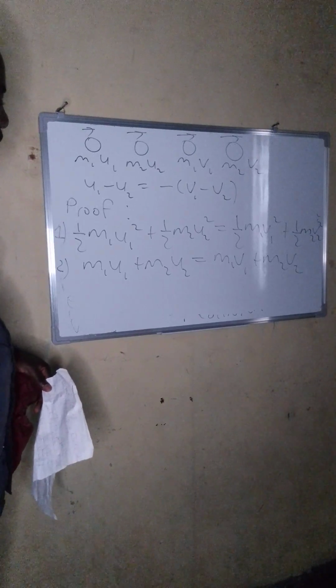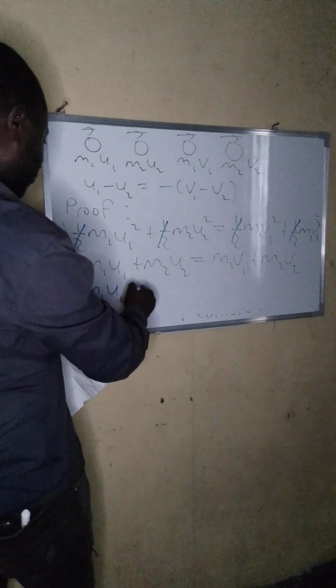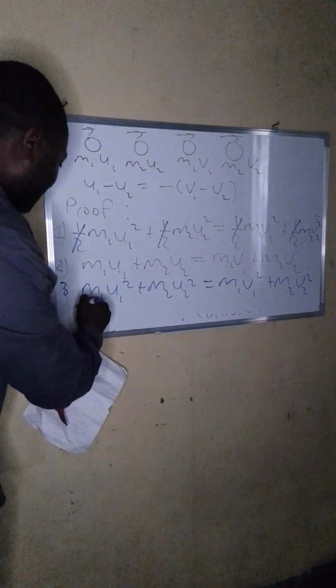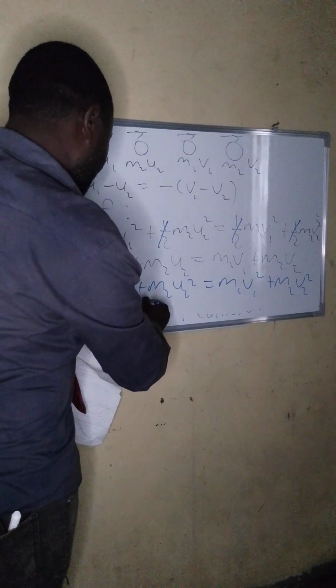So how do you go about it? I'm saying the halves cancel, and we have m1 u1 squared plus m2 u2 squared is equal to m1 v1 squared plus m2 v2 squared. Rearranging, m1 u1 squared minus m1 v1 squared is equal to m2 v2 squared minus m2 u2 squared.